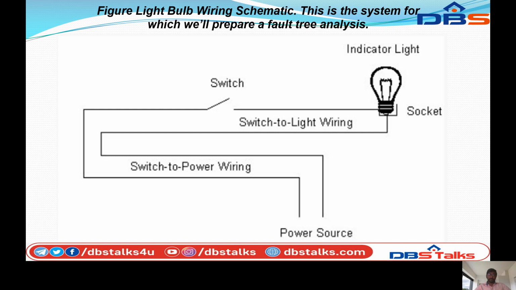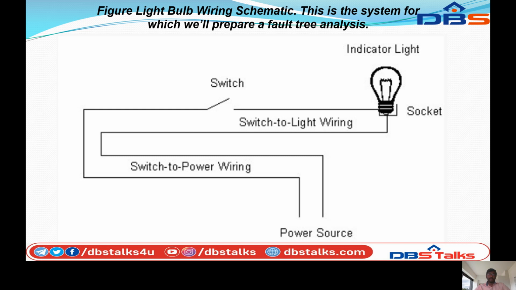This is the schematic representation of the electric supply. The switch is on, meaning the inclined line touches the horizontal line, and that's why the current passes through.